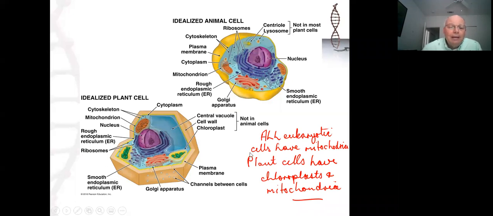So just to remind you again, the differences: the presence of the central vacuole, the presence of the chloroplast, the presence of the cell wall, the presence of the plasmodesmata that provide connections between plant cells. Those are all the unique features of plant cells.